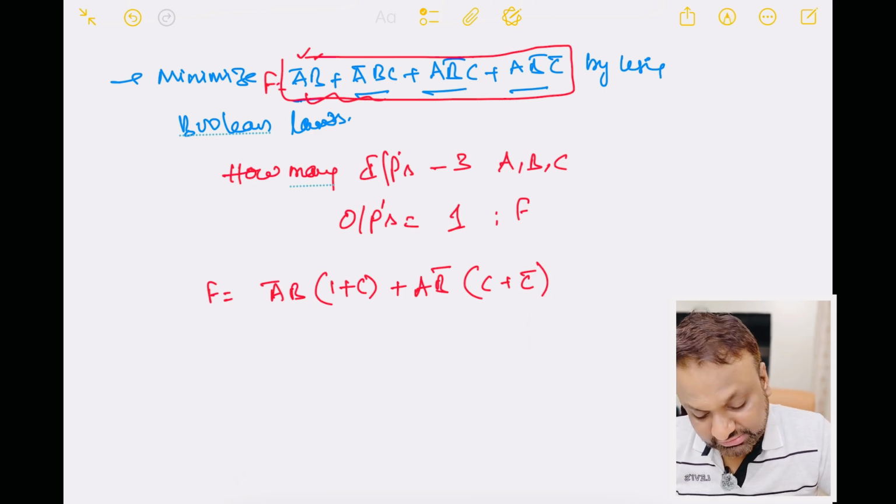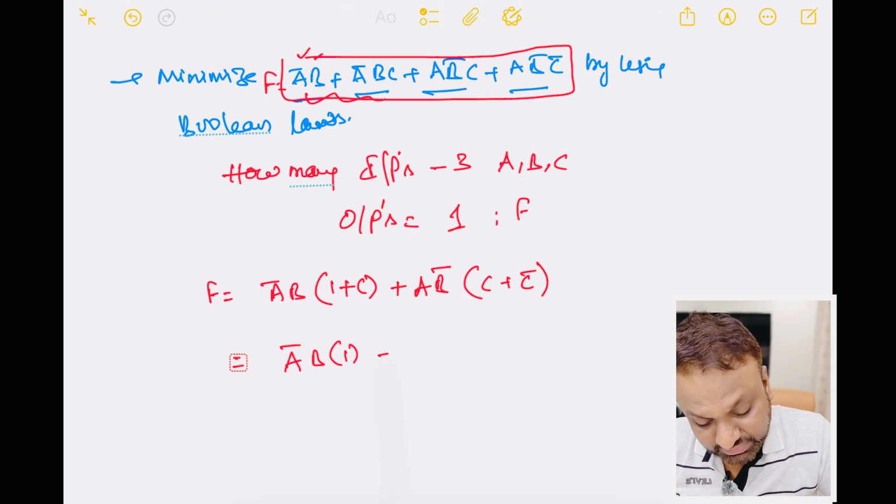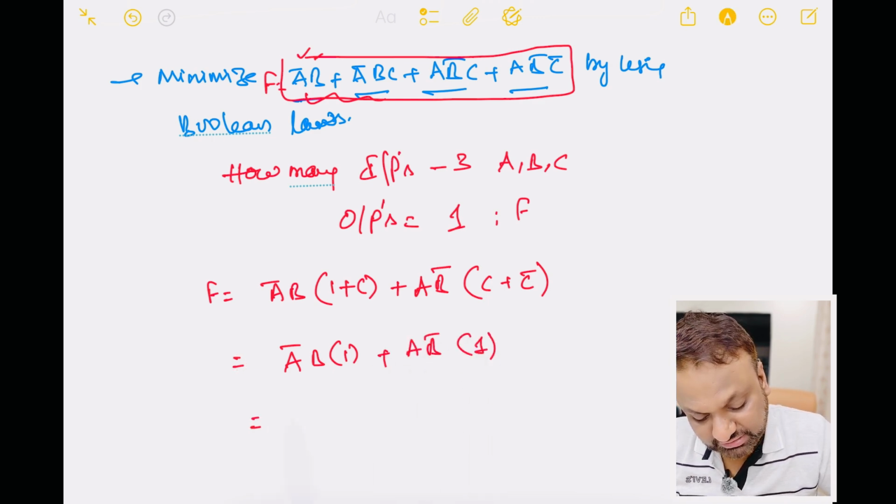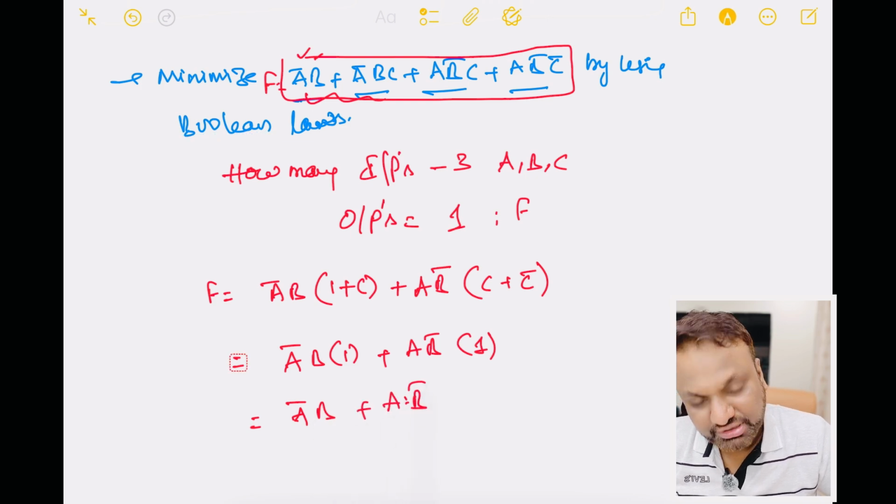So that is equal to A bar B into (1 plus C) plus A B bar into (C plus C bar), where 1 plus C is 1 and C plus C bar is 1. This equals A bar B plus A B bar.